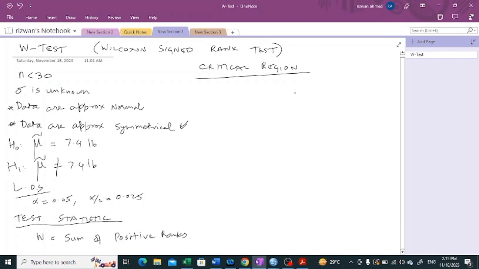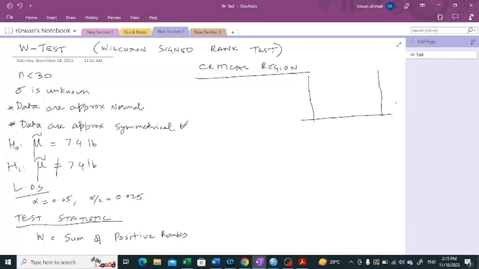So we draw the rejection region in this way. We are not interested in which shape the particular distribution follows. That's why we call non-parametric tests distribution free methods as well, in which we are not interested in the shape of the distribution. Therefore, we just draw a horizontal line.